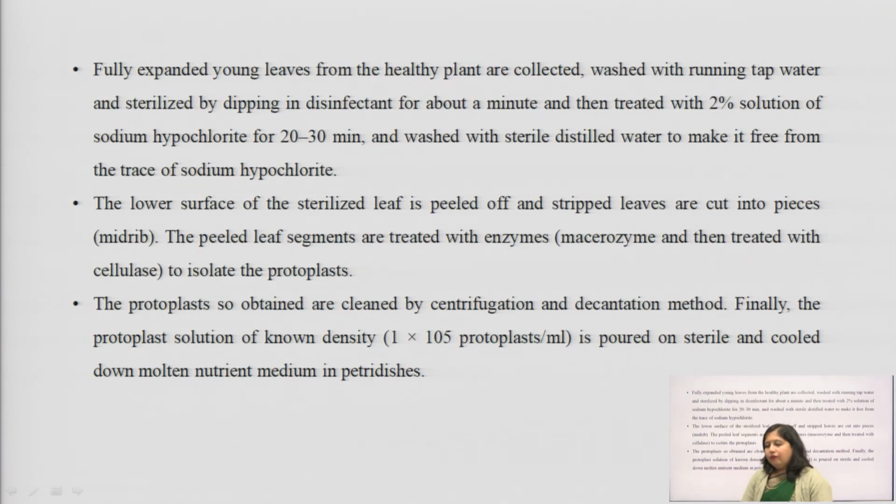So, here the fully expanded young leaves from healthy plants are collected, washed with running tap water and sterilized by dipping in disinfectant for about a minute, and then they are treated with 2% sodium hypochlorite solution for 20 to 30 minutes. They are washed again with sterile distilled water to make them free from the hypochlorite solution.